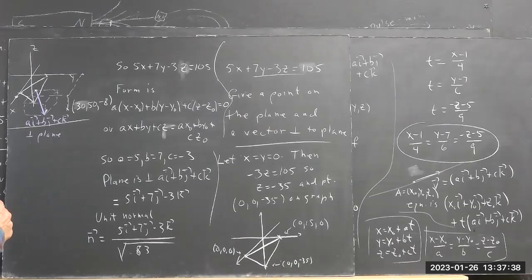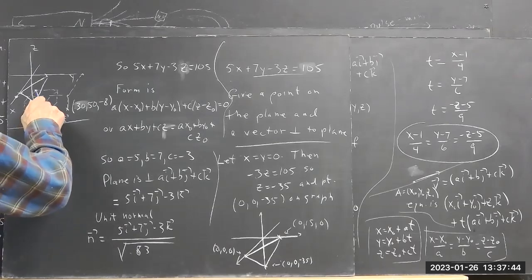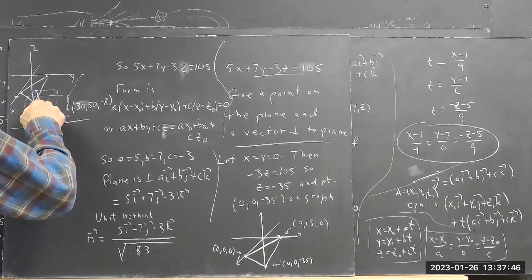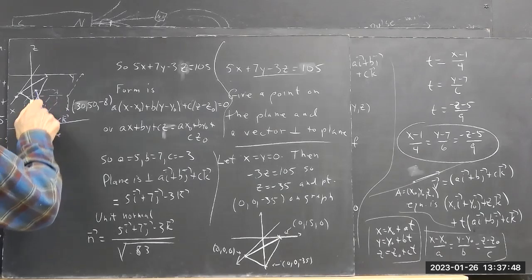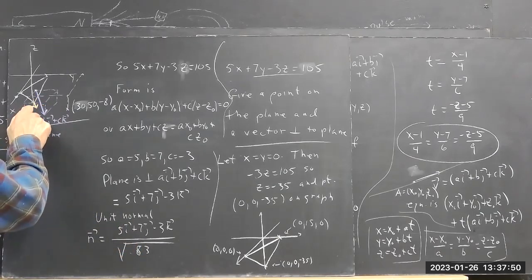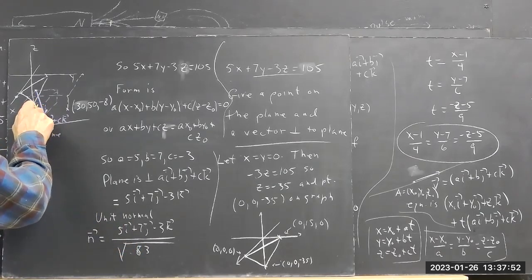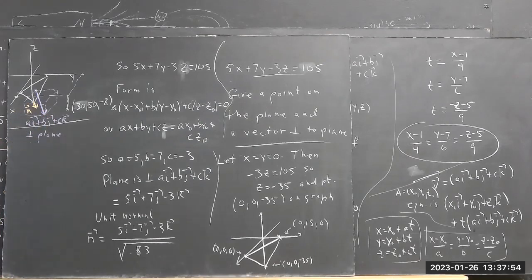Here is my normal vector, extending from the point 0, 0, -35, right?